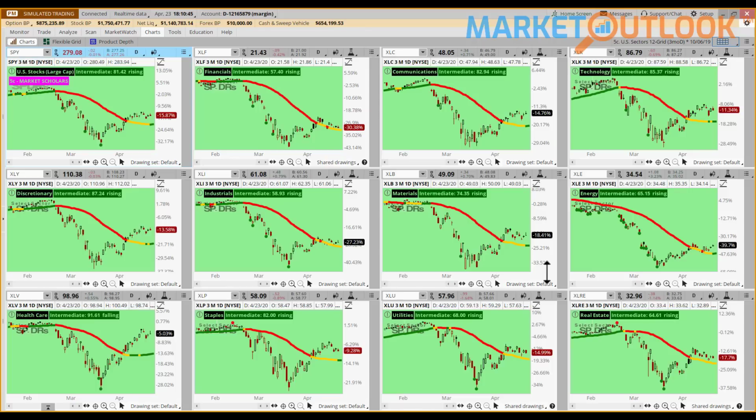Remember, that is identified when the green line is above the indicator's 50th percentile and rising, or just simply being above 80 in the upper reversal zone. And you can see as you read some of these labels here that even the weakest sectors out there, something like real estate, is at 64 and rising. So since that's above 50, that's why you've got that deeper shade of green there. So naturally, some charts are going to look more interesting than others.